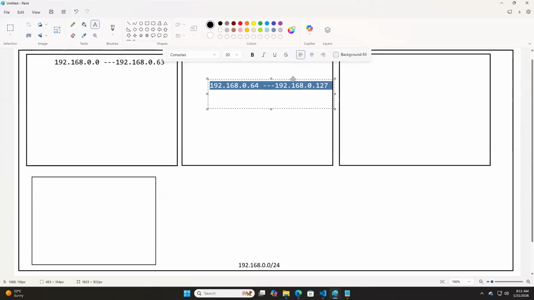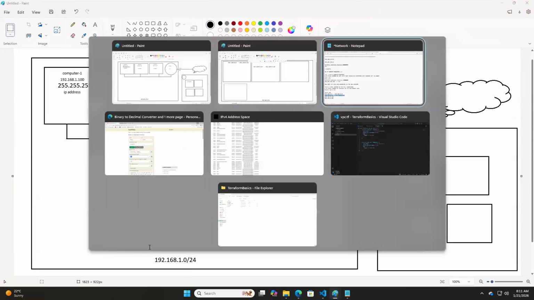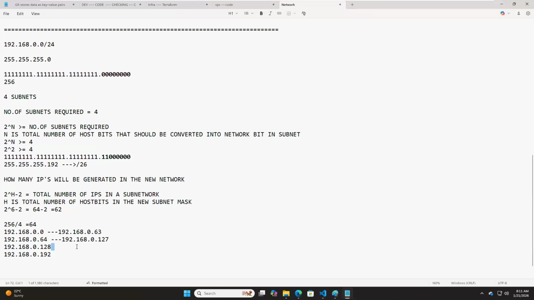What is the third network range? The third network range will be 128 to, what is the last number? 192.168.0.191. And the fourth network range will be 192.168.0.255. So if you see here, this network starts with the network identity, 192.168.0.0, and ends with 192.168.0.255.